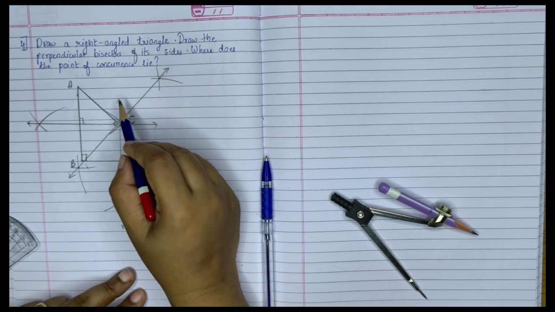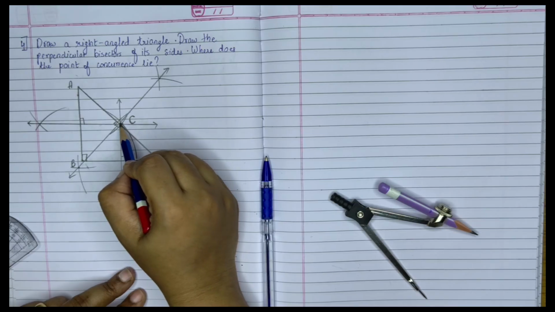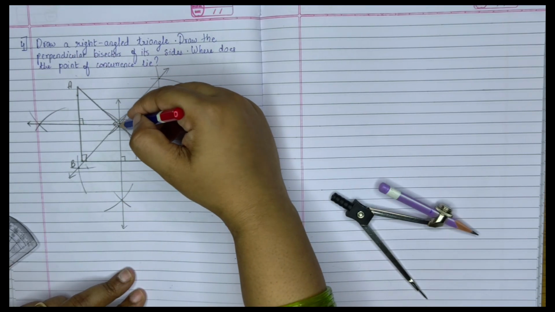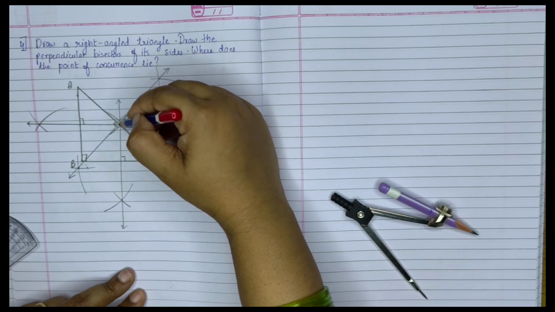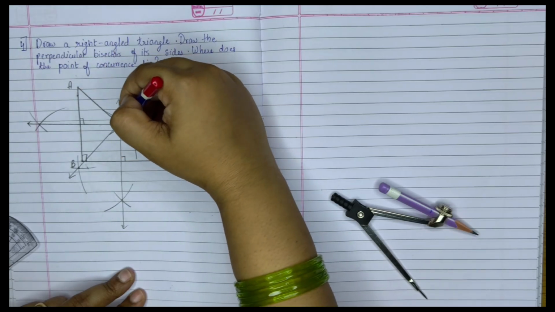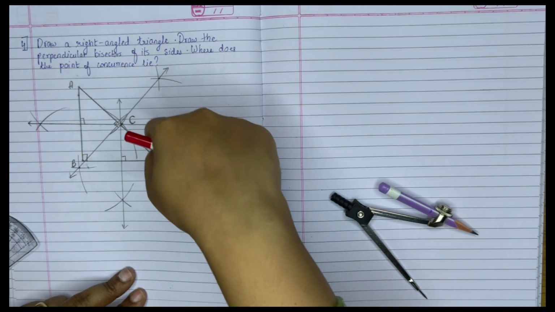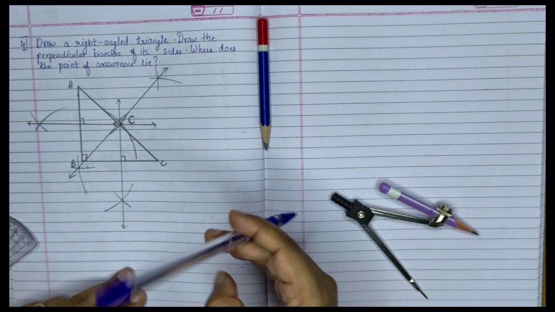So the point of concurrence for a right angle triangle is at the midpoint. That means it is in between here, the midpoint of the hypotenuse.